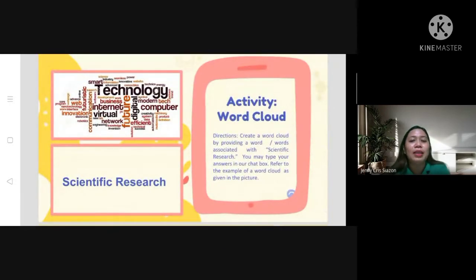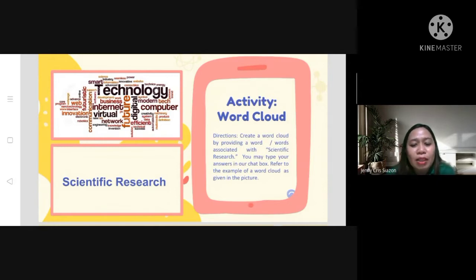So let us begin by accomplishing this first activity entitled Word Cloud. So what are you going to do? You will create a word cloud by providing a word or words that are associated with scientific research. Okay?